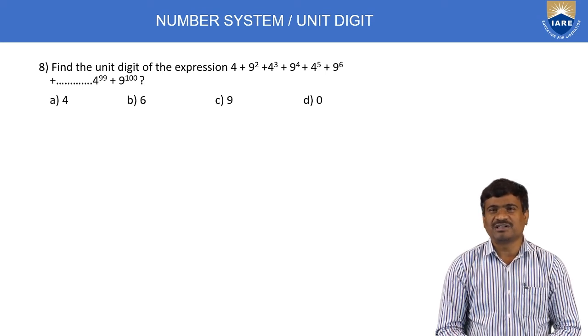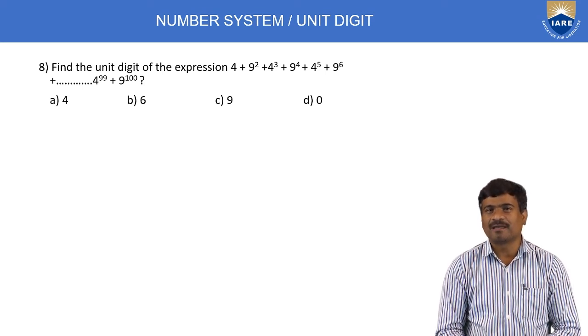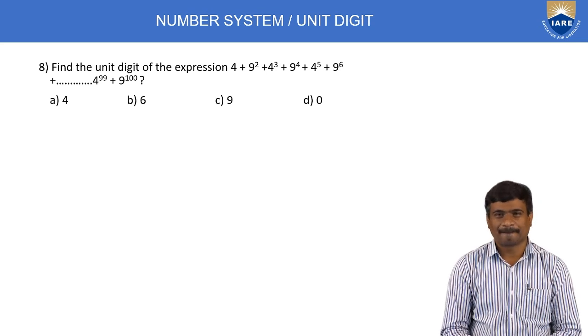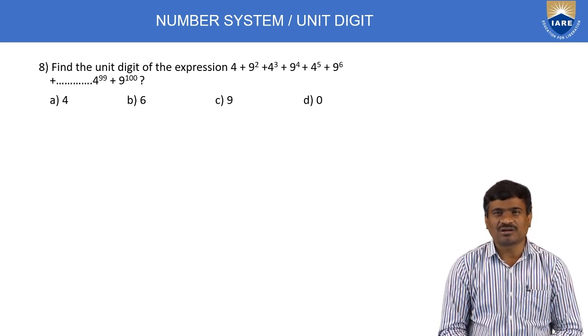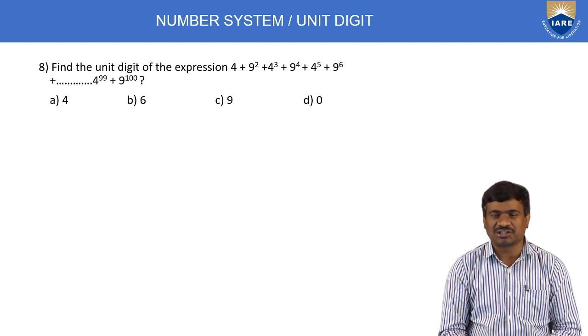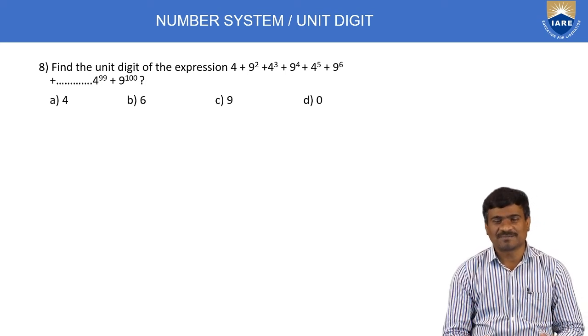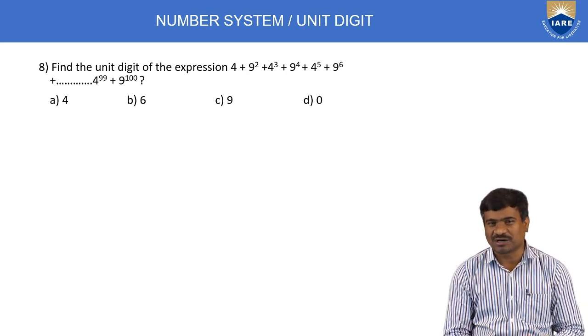Next, 8th example. Find the unit digit of the expression 4 plus 9 to the power of 2 plus 4 to the power of 3 plus 9 to the power of 4 and so on up to 9 to the power of 100. Option A 4, option B 6, option C 9, option D 0. Method: first, divide the series into two parts, an alternating series.